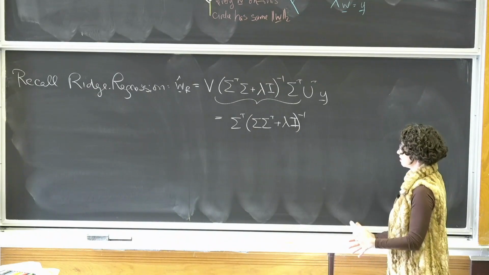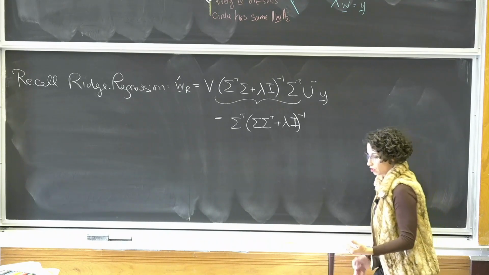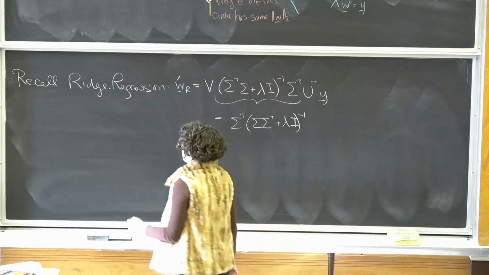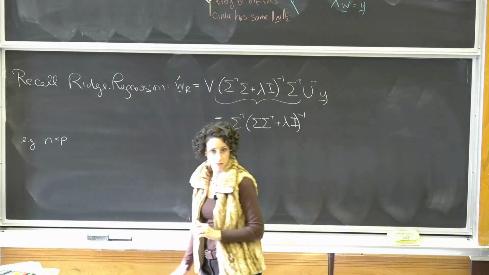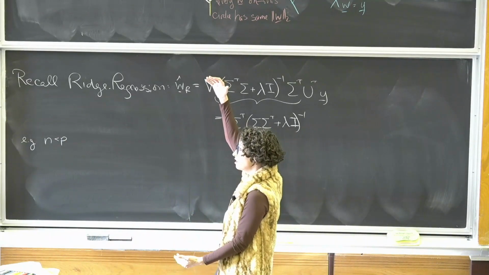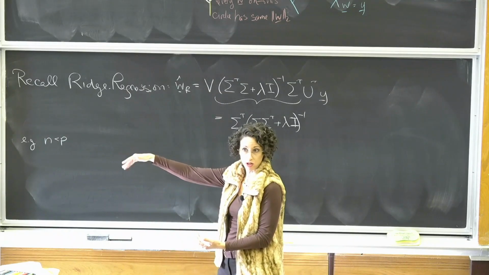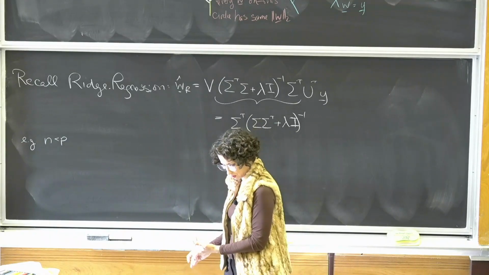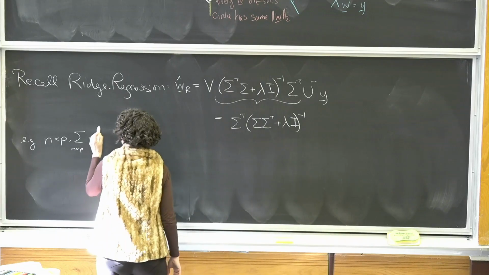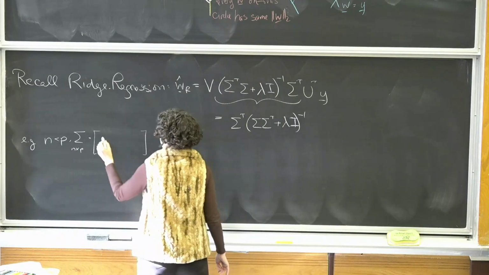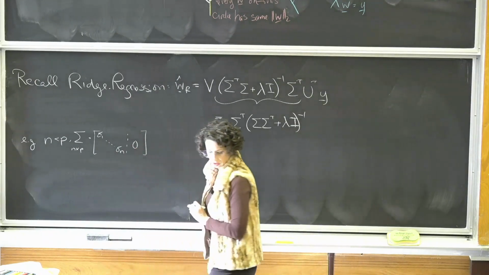I'm using the fact that the sigmas are diagonal matrices. So I'm not going to show this in every case, but for example, when n is less than p, when we've got a huge number of features compared to the number of training samples, which can happen easily once we start mapping to these high dimensional feature spaces, then our sigma, which is n by p, so it's going to be short and fat, is going to have sigma 1 through sigma n, and then everything else is 0.